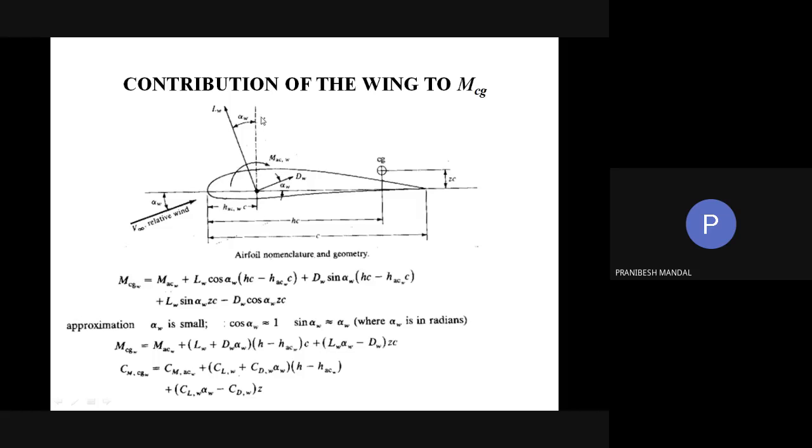One is the vertical component and one is the horizontal component. The vertical component is at a distance of H minus HACW into C. So you guys please see the components of MCGW, and if anybody is having any problem in it, please let me know. And if all are convinced, just tell me to continue.